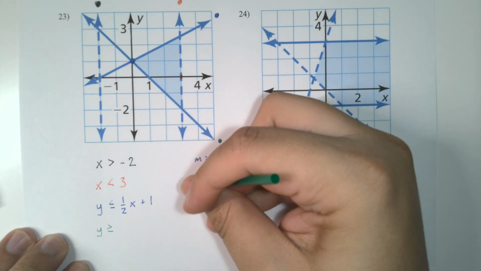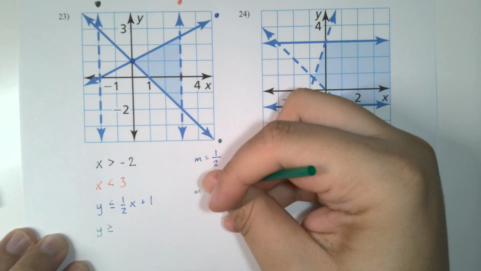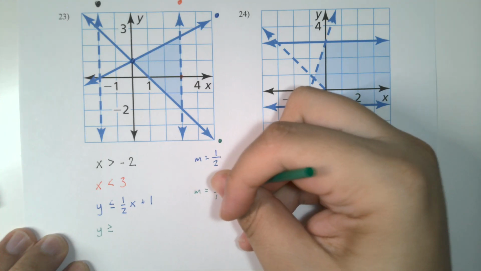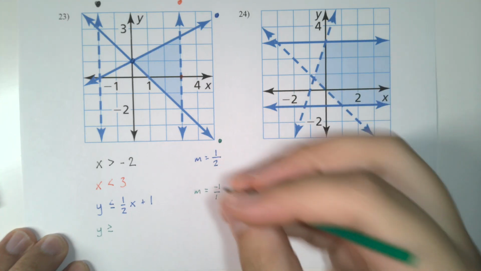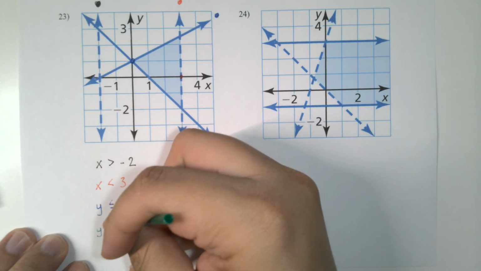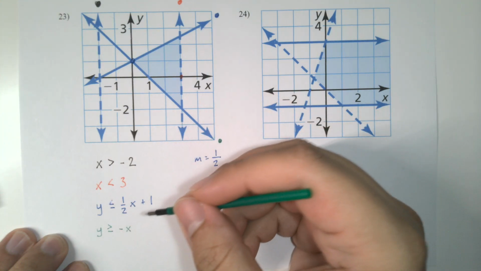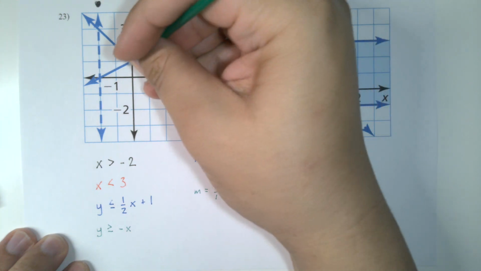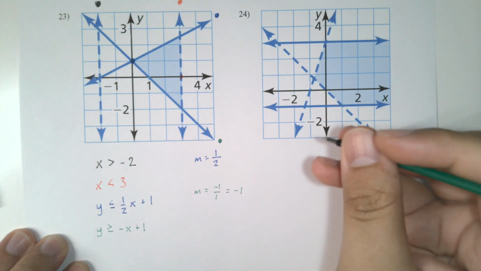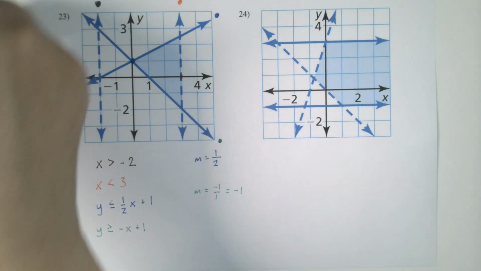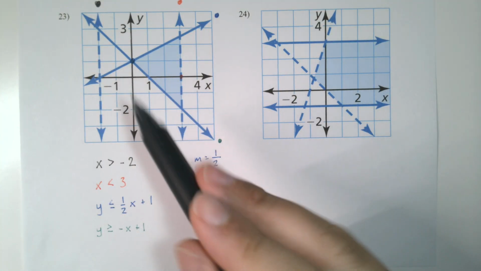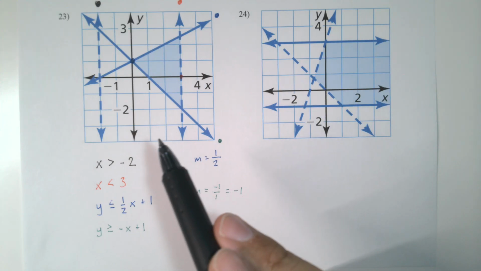That means that our slope is going to be just -1. So we don't have to write -1x, we can just write -x. And then our y-intercept is also a 1, so we have +1. And so that is the set of inequalities that will give this solution.